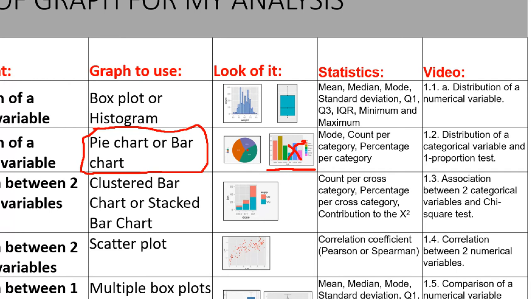The statistic that we use is simply the mode, which we will come back to at the end of the video. It is the most frequent category, okay? If you look at the bar chart here, the mode would be blood group 2, because that's the bar that contains the highest count of patients. So blood group 2 would be the mode of the categorical variable blood group.